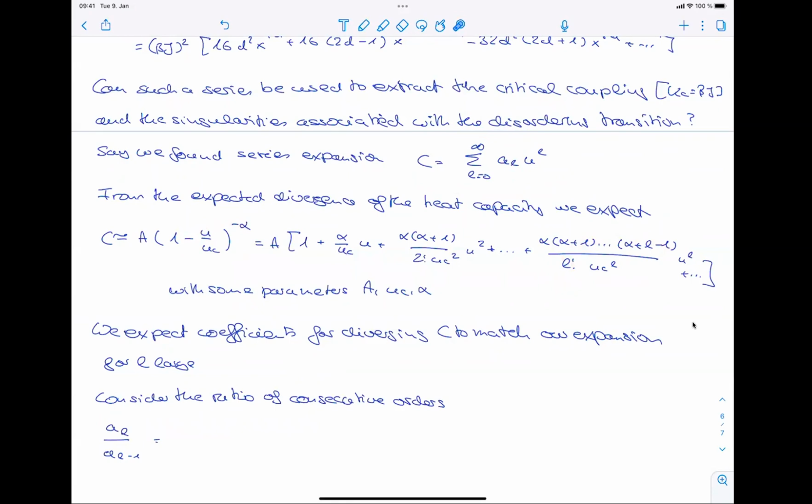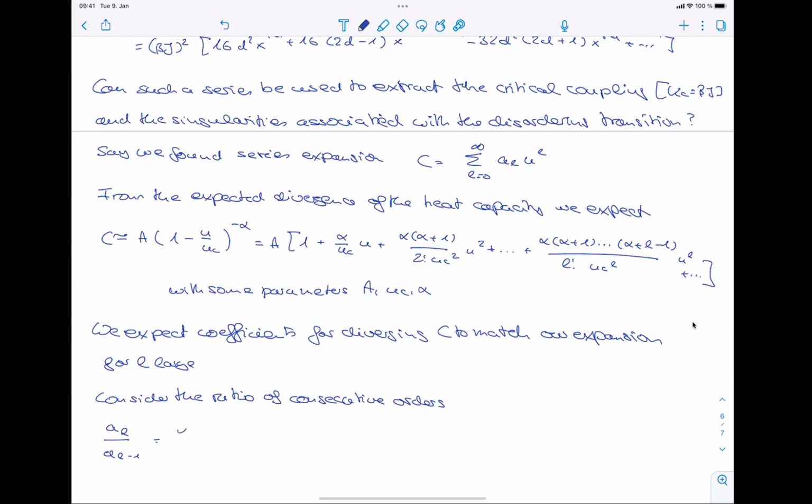Why ratio? Well, because I get rid of all these factors. And so what only matters is that the L term has one more factor alpha plus L minus 1 here, and factor L here, than the L minus 1 term.